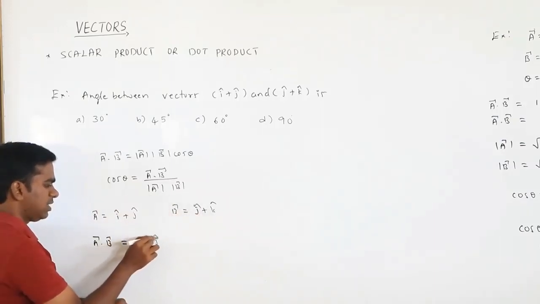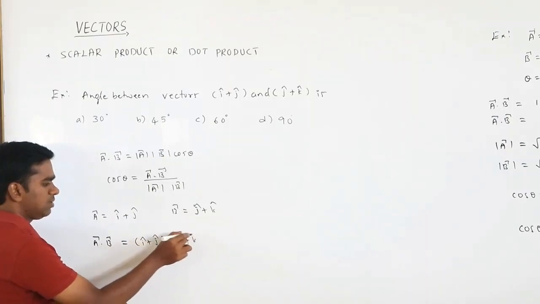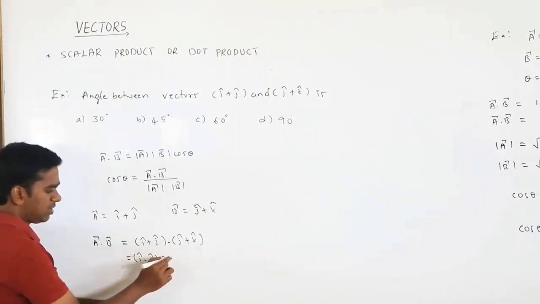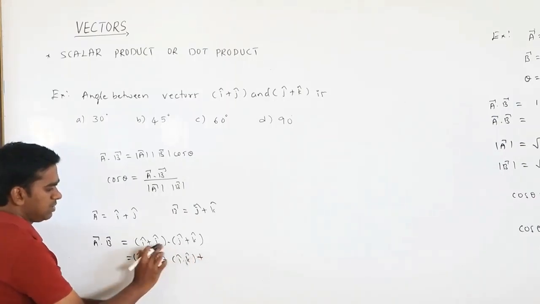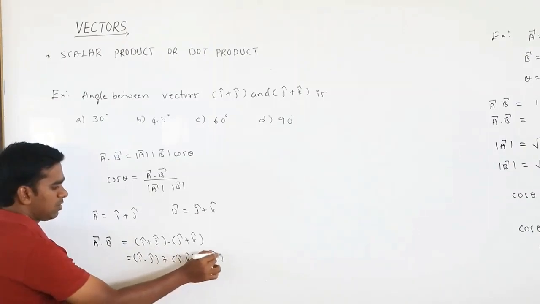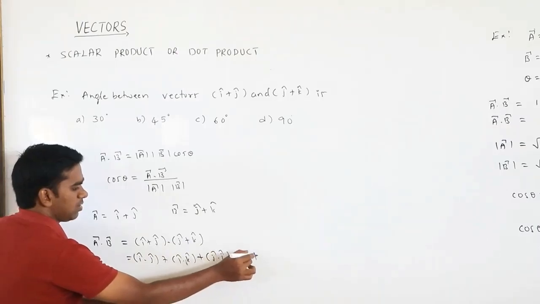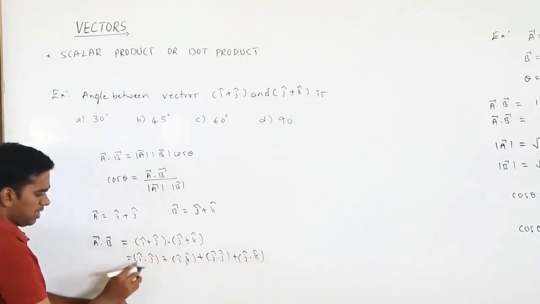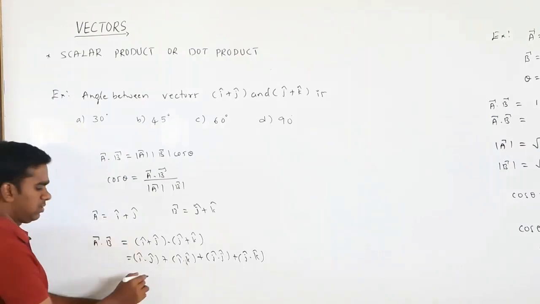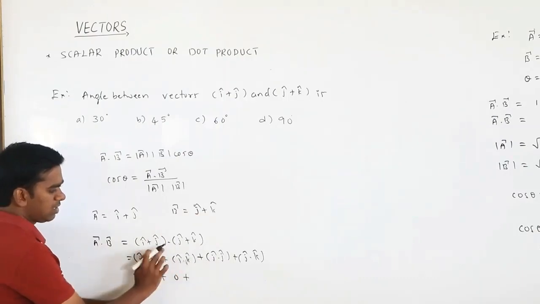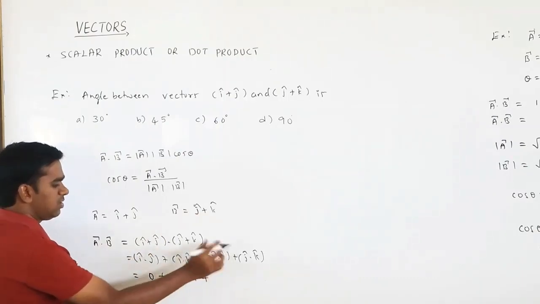So i cap plus j cap dot j cap plus k cap. Multiply: i cap dot j cap plus i cap dot k cap plus j cap dot j cap plus j cap dot k cap. So i dot j is 0, plus i dot k is also 0, plus j dot j is 1, plus j dot k is also 0.